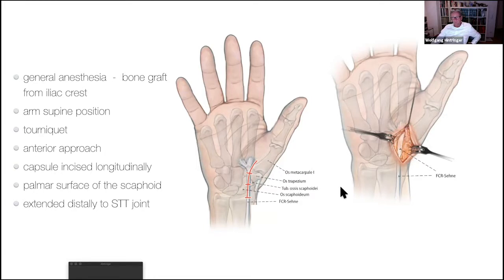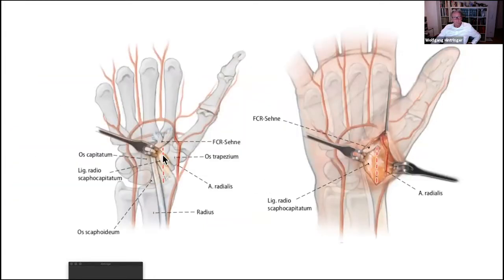Here you see the FCR tendon, and you go really with a straight line incision. I hate these C-shaped incisions because you destroy all the vessels here around.